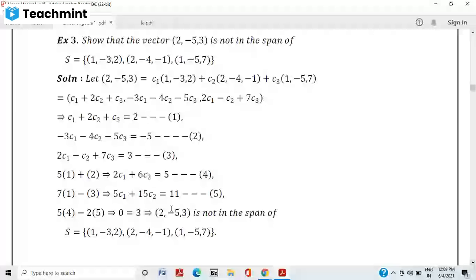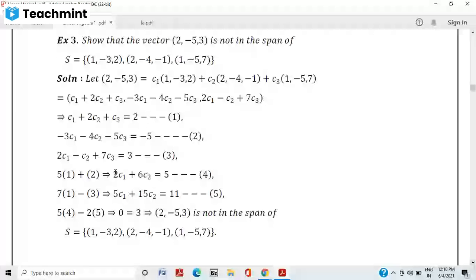Now we got two equations. Here these two we will combine. In this equation we have 2C1 and here it is 5C1. Then how can we make the coefficients of these two equations the same?